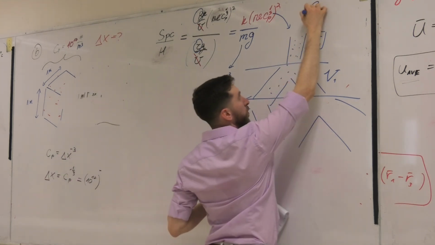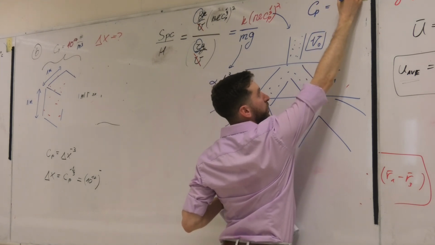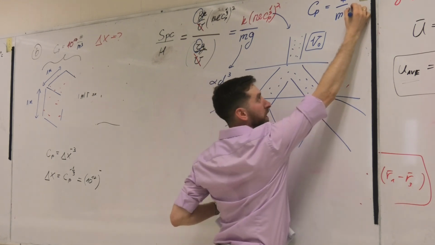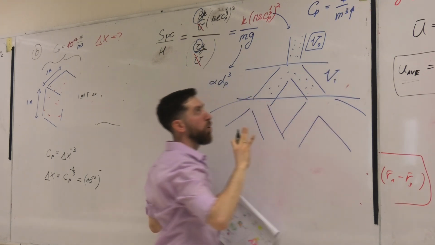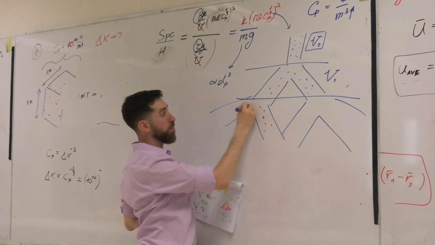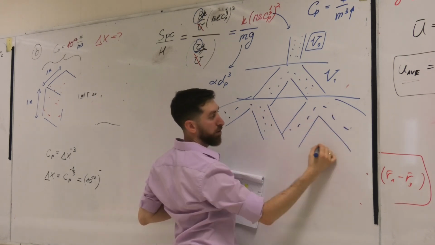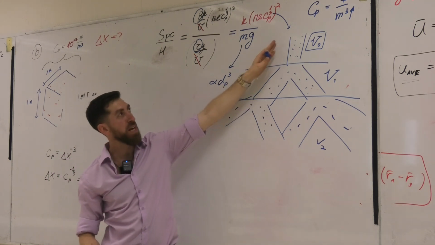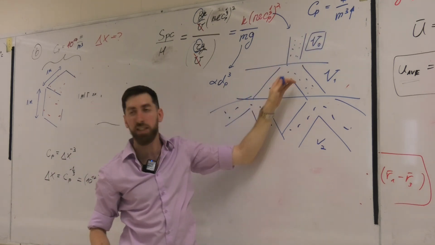So Cp, just to remind you, is a function of number of particles per meter squared. So this increases when you go deep into the lungs. You see it? So here I have even more volume, V2, right? And also, what happened to the particles as I proceed?